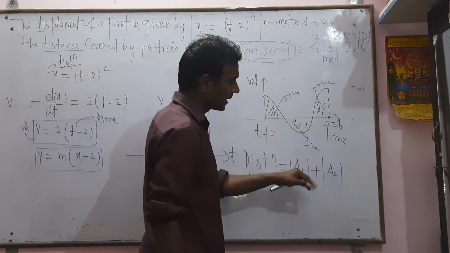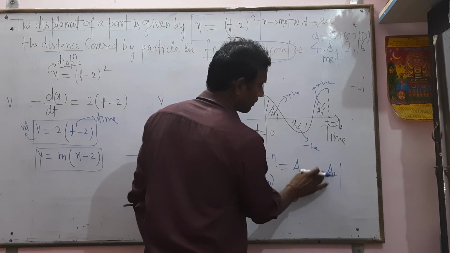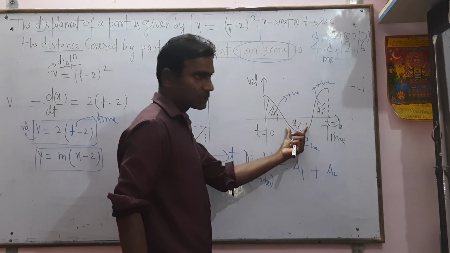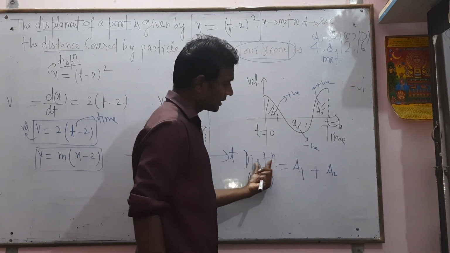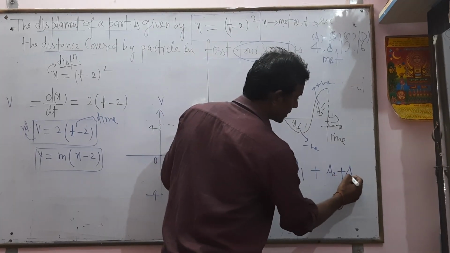This a2 is negative, but we are taking the positive because it is below the time axis. So distance equals a1 plus a2, not minus a2, and plus a3.